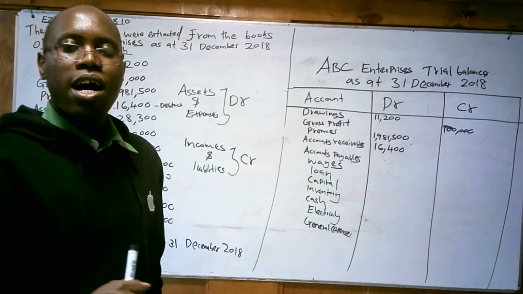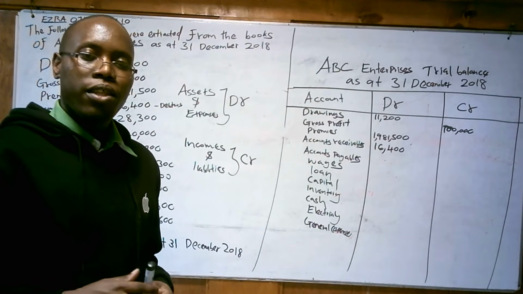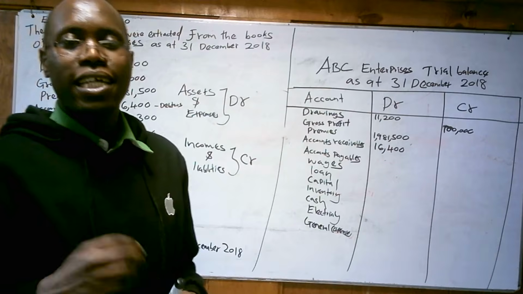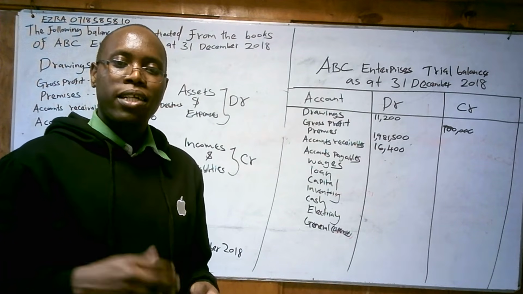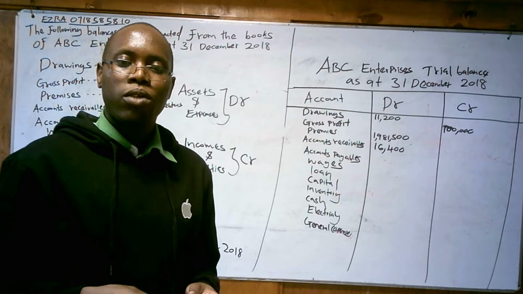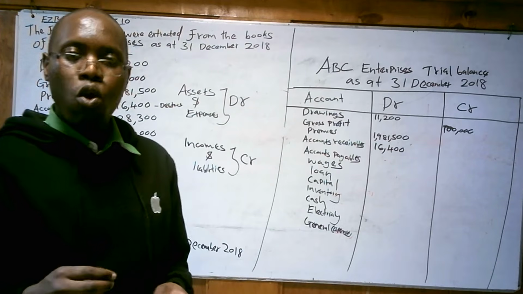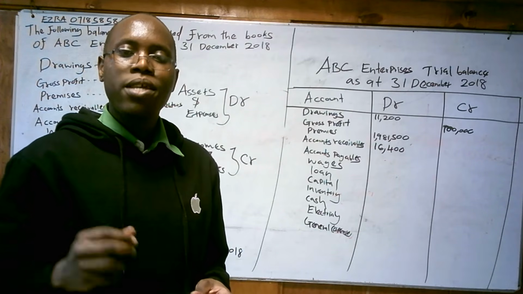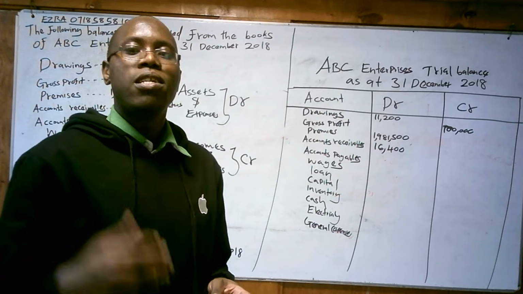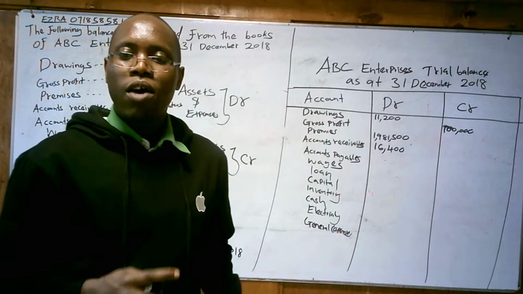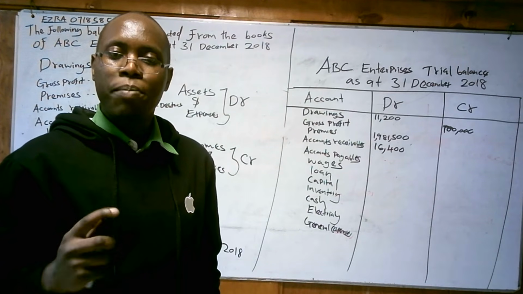Then we have accounts payables. The other name for accounts payables is actually creditors. Creditors are our credit purchases. Maybe you went to a particular supplier and you purchased on credit. So you owe the supplier. You are supposed to pay the supplier. That's why they call it payables. So now accounts payables, because you are supposed to pay somebody, is going to be a liability to us.